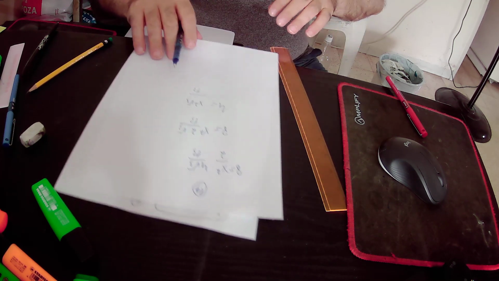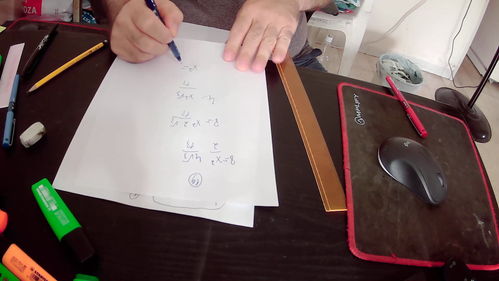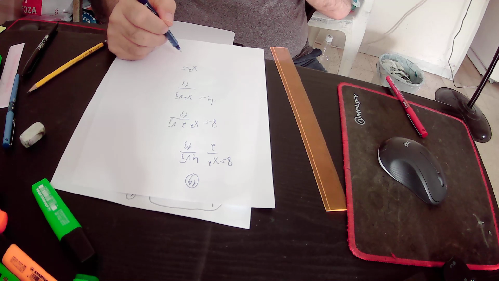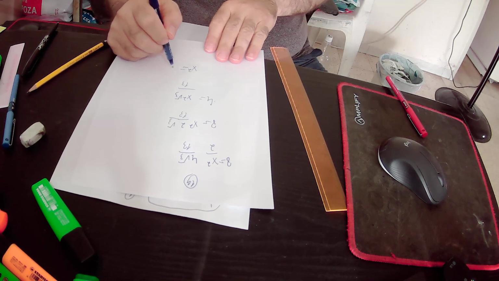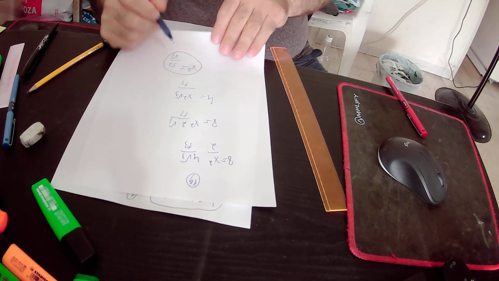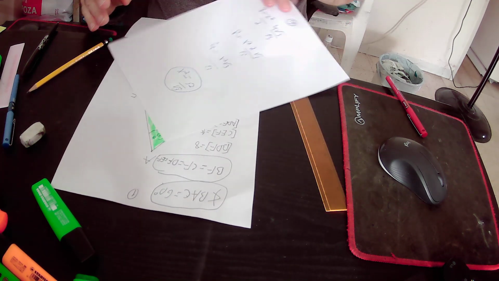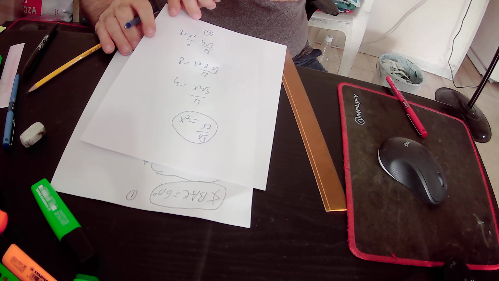We will get that x squared equals 13 times 4, which is 52, over root 3. We found that x squared equals 52 over root 3.